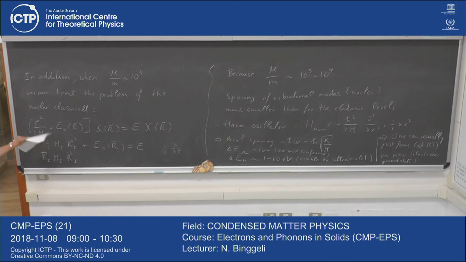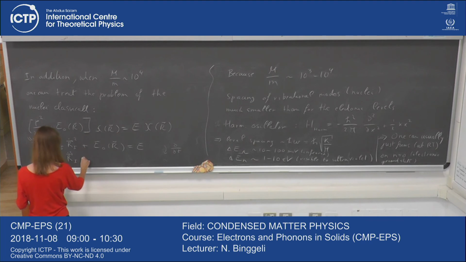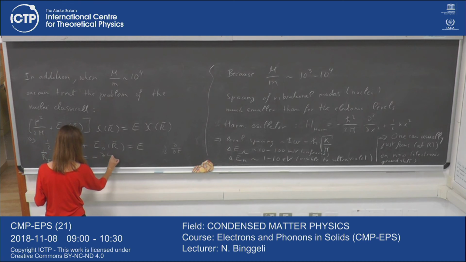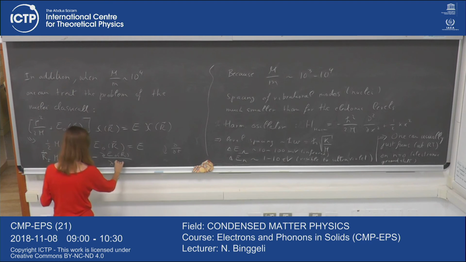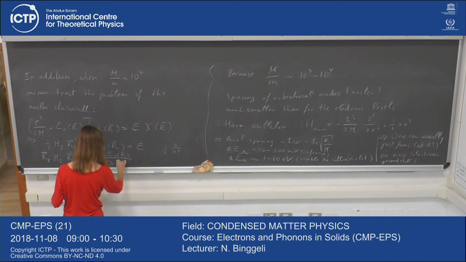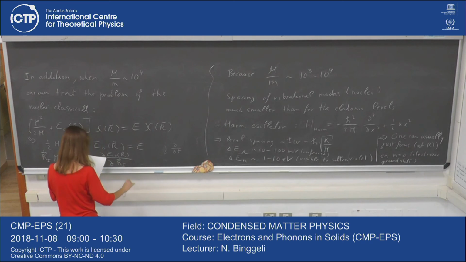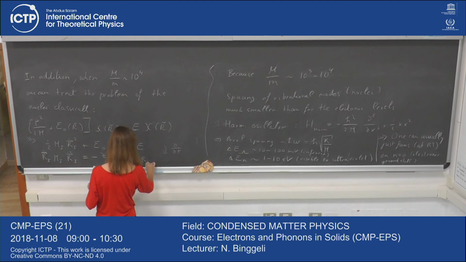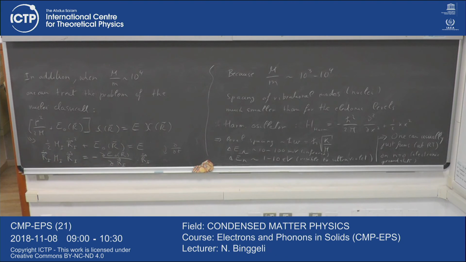So if I derive twice, I'm getting Mi times the first derivative times the second derivative is equal, this is a constant, so minus dE0 of R with respect to Ri times Ri dot, the velocity.